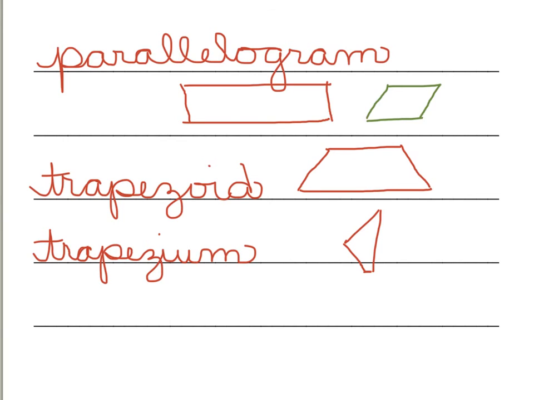Okay, hopefully you've got all those 3, and let's move on to the next part of the chart, which is working with parallelograms. Now, if we were to take a look at parallelograms, let me draw just one sample of a parallelogram up here.